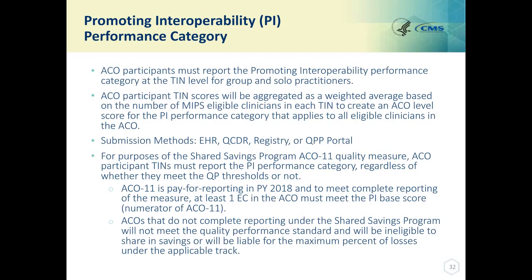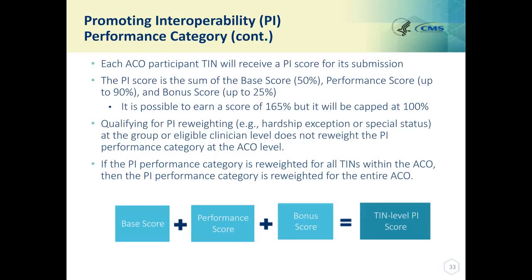ACOs that do not meet the complete reporting requirement under SSP will not meet the quality performance standard and will be ineligible to share in savings or will be liable for the maximum % of losses under the applicable track. Next slide.